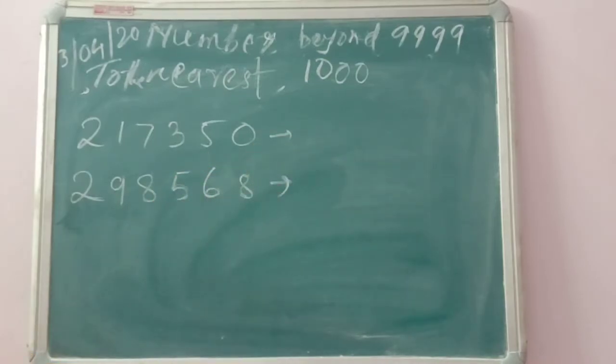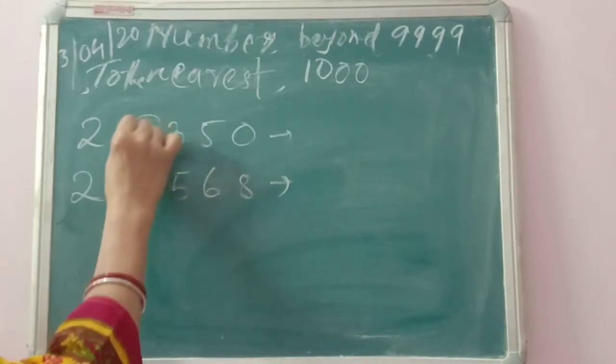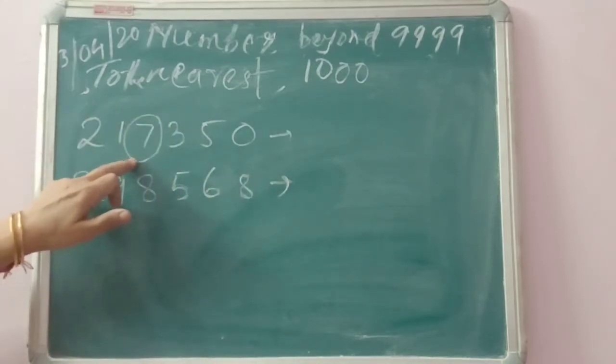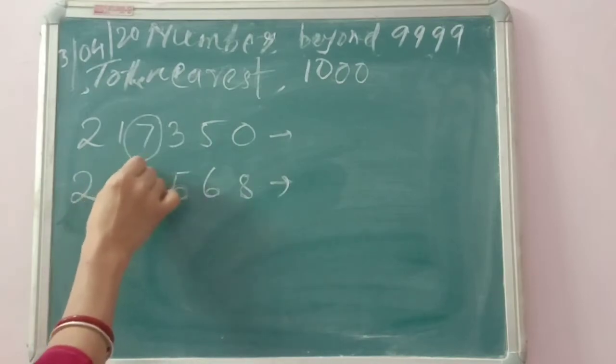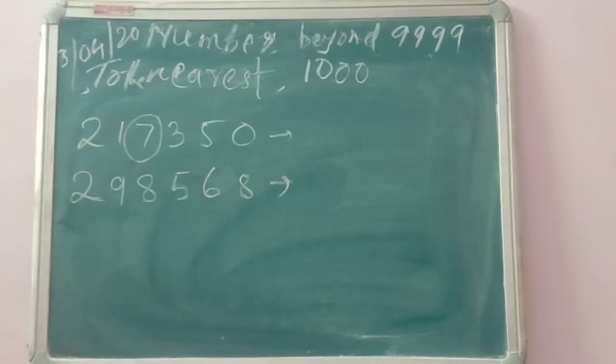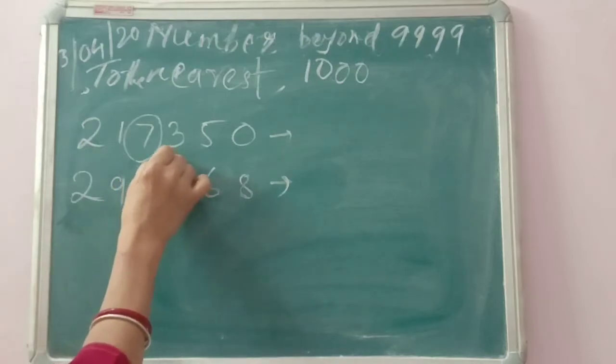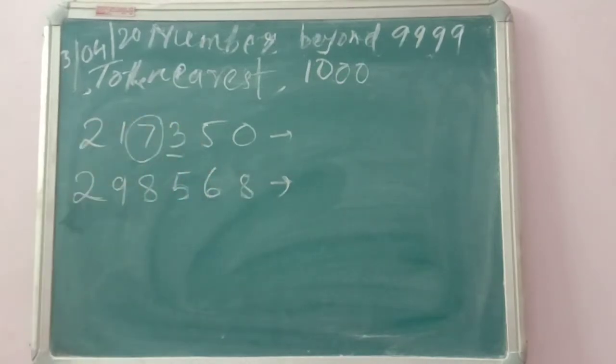I want to round off these two numbers to the nearest 1000. Which is the digit which I want to round off? Here it is 7, because the digit at the thousands place is 7, and the digit which I have to check for rounding is 3.